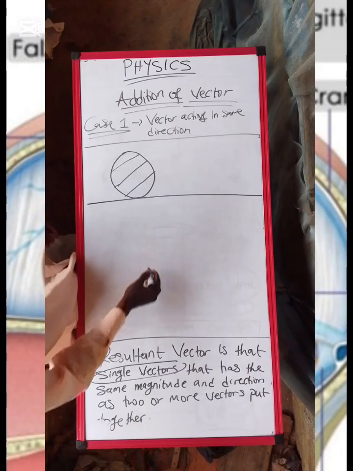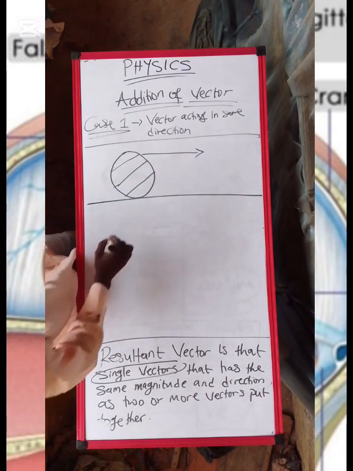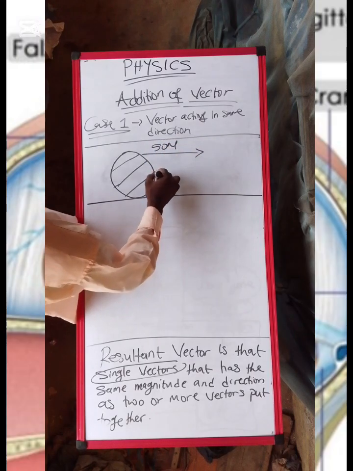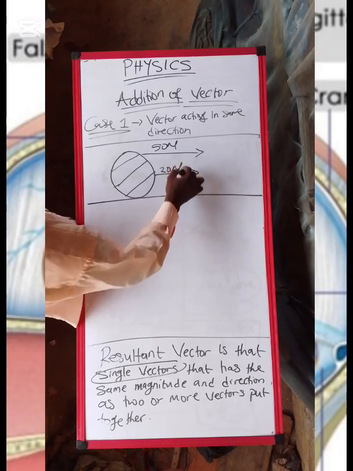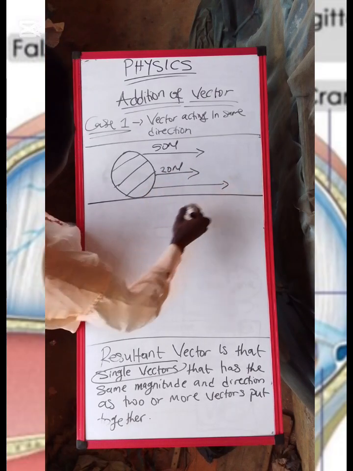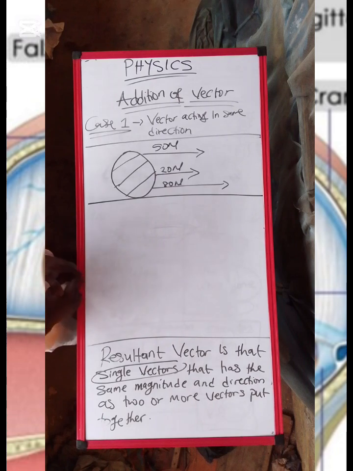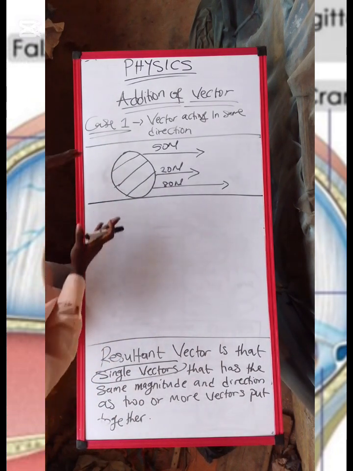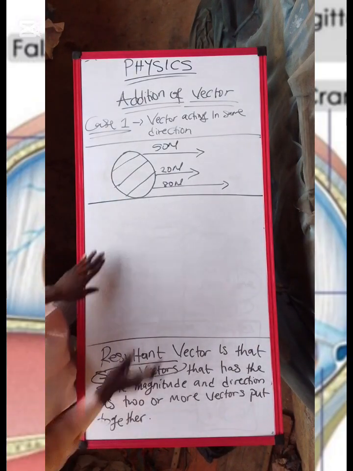There's a round object here, and then Colade is pushing with a force of 50 Newton, and Kolakpo is pushing with a force of 20 Newton, and then Kayode is pushing with a force of 80 Newton. Now Colade, Kolakpo, and Kayode, they are all pushing this particular object in the same direction. So these are vectors moving in the same direction, and they are moving towards the right.